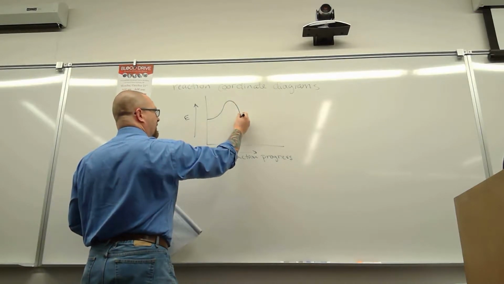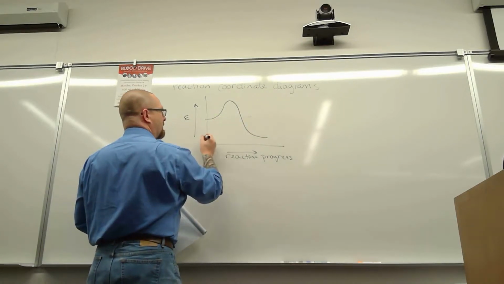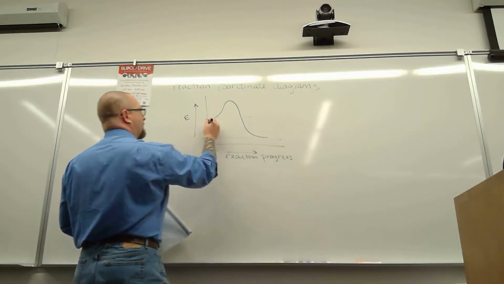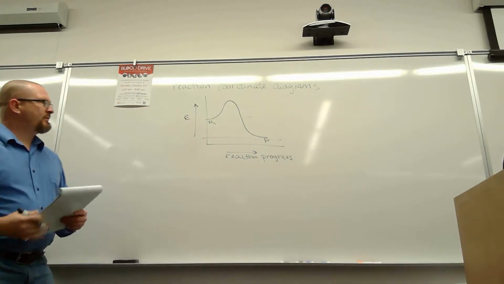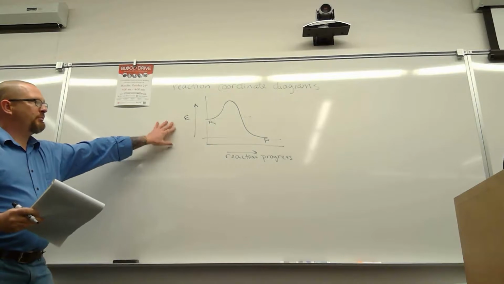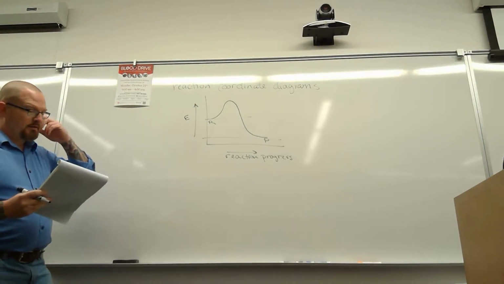Once we go through the barrier of activation for a favorable process, we go from reactants to products. This is something that everyone's seen before a bunch of times. I know I've referred to it a couple times already this semester.